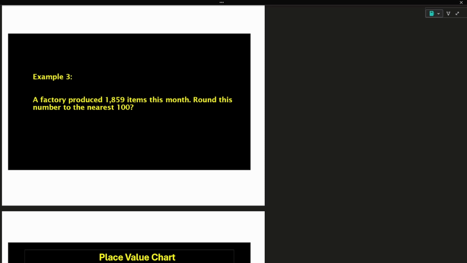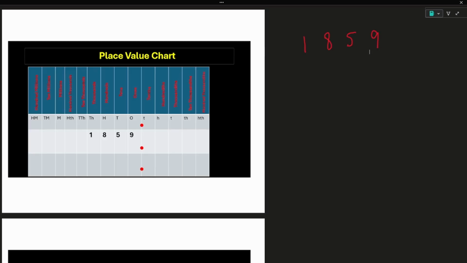Example 3. A factory produced 1,859 items this month. We are asked in this case to reduce this number to the nearest 100. Now, using a place value chart again, we identify the digit in the 100 place.